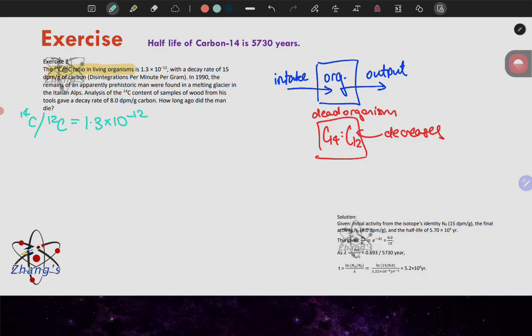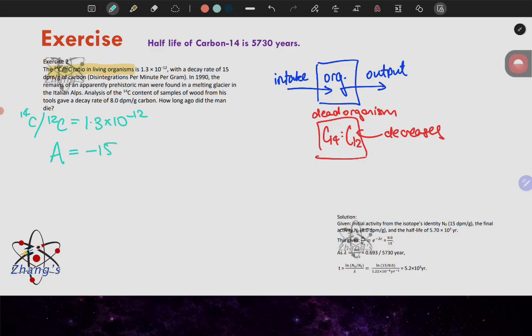And your decay rate is 15 dpm per gram. So we can just use that as the activity, or the decay rate, equal to negative 15. And you can just treat it like that.